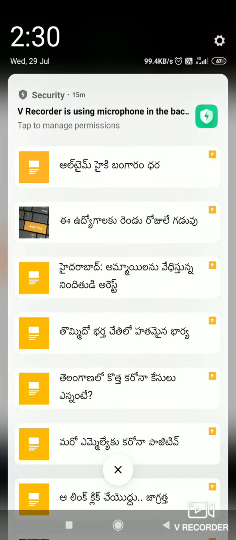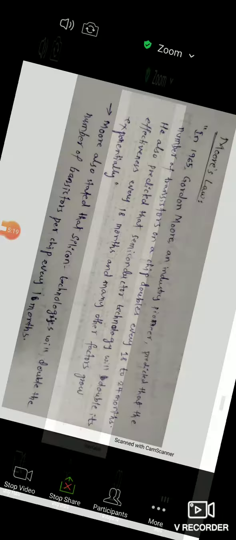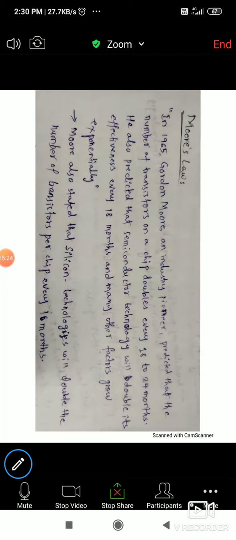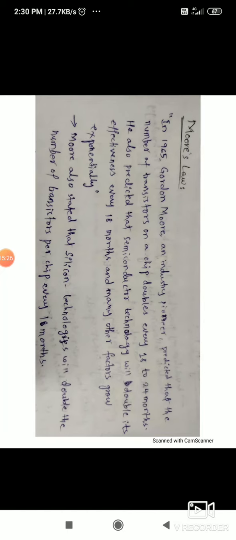Next, Moore's law. What is Moore's law? In 1965, Gordon Moore, an industry pioneer, an industrialist, predicted that the number of transistors on a chip doubles every 18 to 24 months.